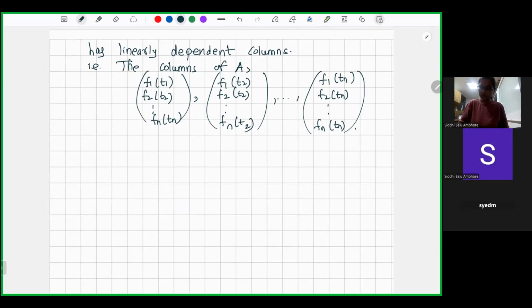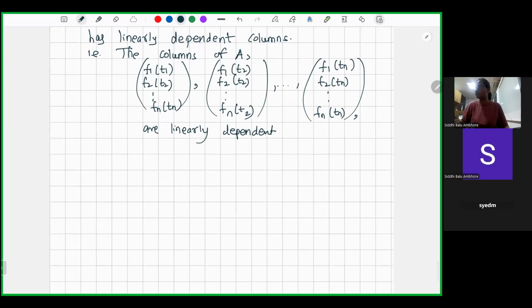Columns of A are linearly dependent. And this is true for every such choice of T1 to Tn, right?